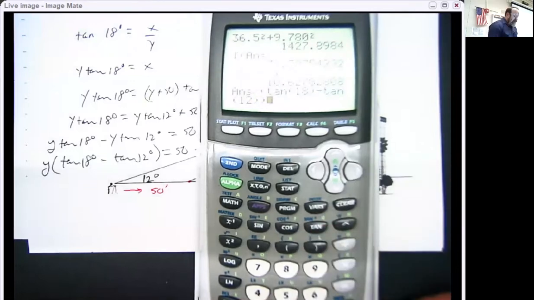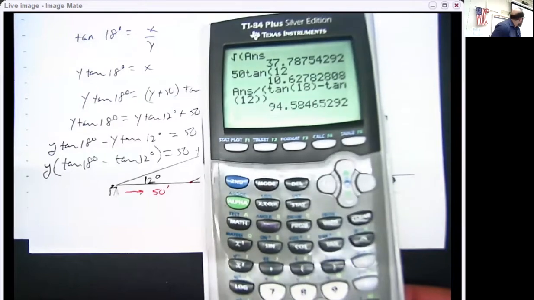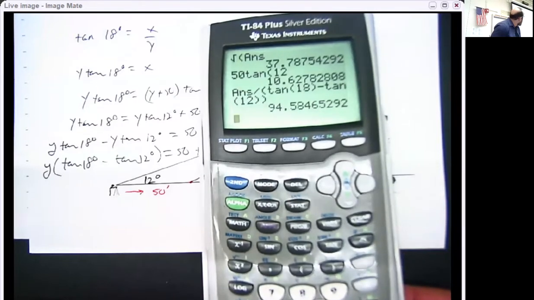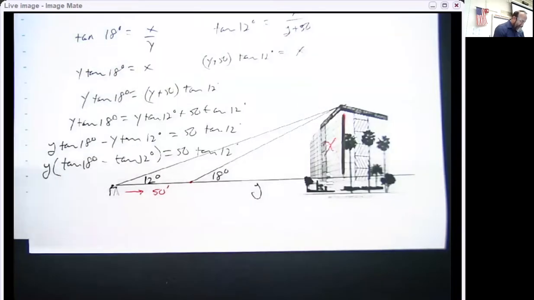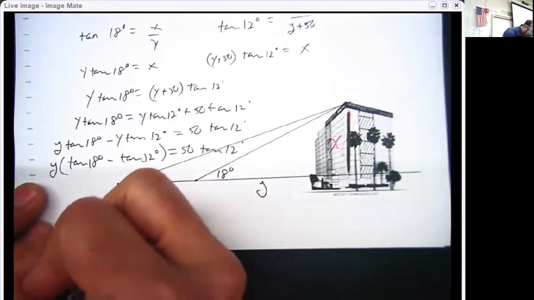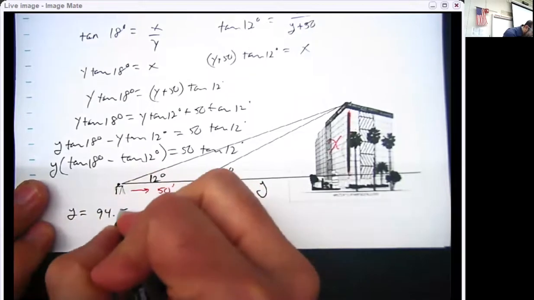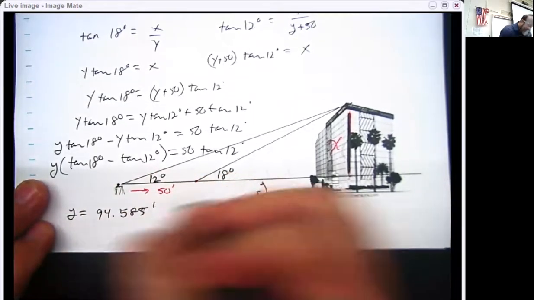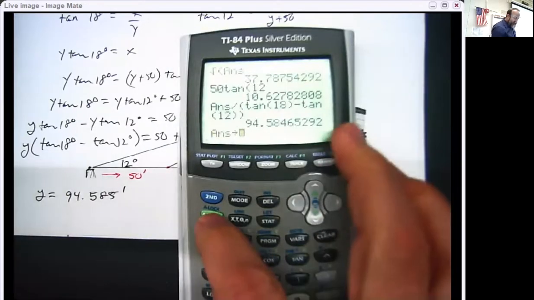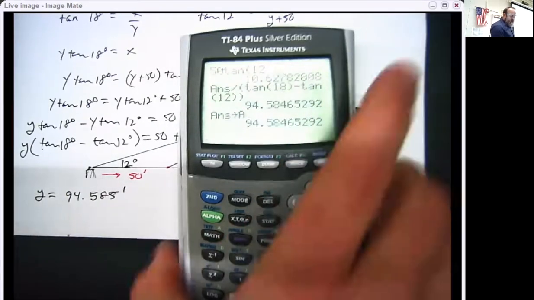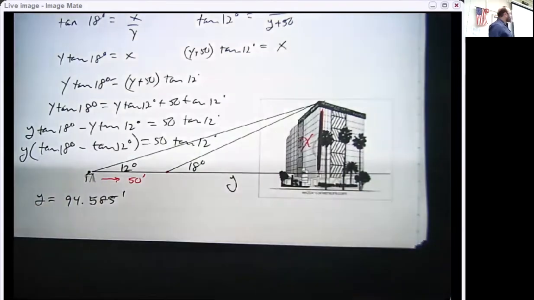And when I hit enter, I've got 94.585 feet. By the way, I'm going to store that because I'm actually not done. Because I did not set out to find y in this problem. What did I set out to find? I set out to find x.